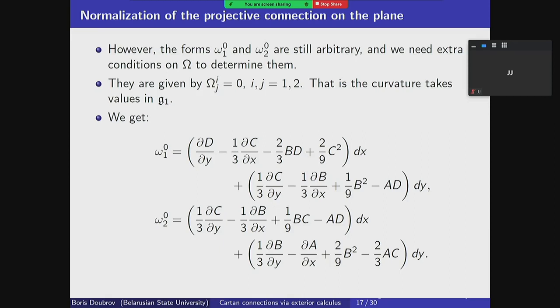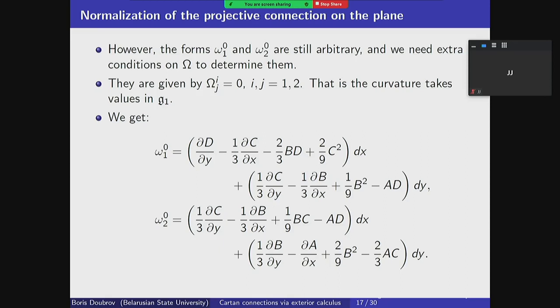Well, as we just discussed before, this guarantees us that the geometry of this second order ODE cubic with respect to y prime is equivalent to the geometry of projective connections with these conditions on the curvature.